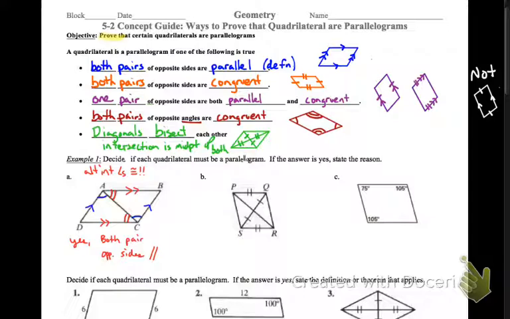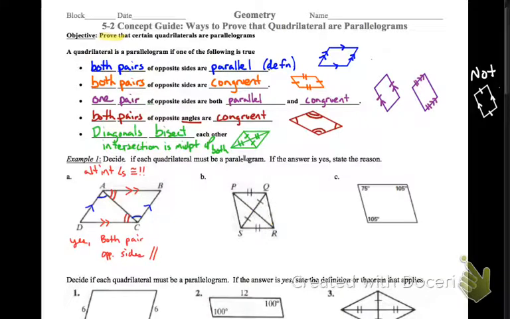Question B. Here we have a pair of opposite sides that is congruent, and we have a midpoint to a diagonal. Which one of these reasons up here involves a single pair of opposite sides? We have one pair of opposite sides that is both parallel and congruent. Nope, we don't have both parallel and congruent. A single diagonal is bisected.